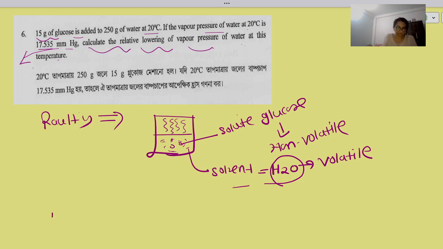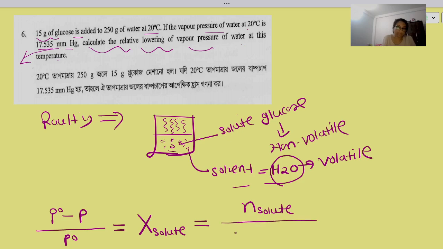The mole fraction of solute is equal to the number of moles of solute present in the solution divided by the total number of moles, n solute plus n solvent.